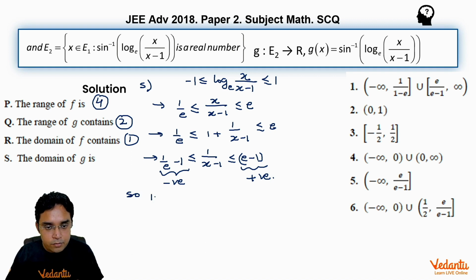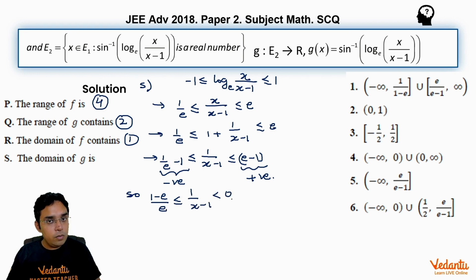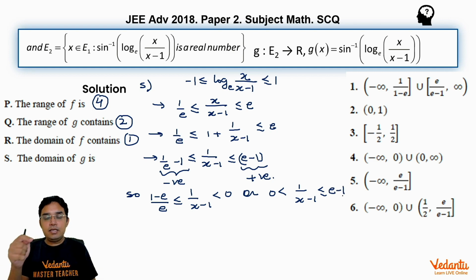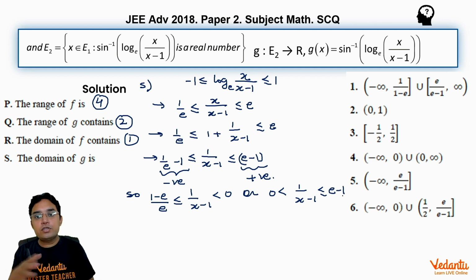One is that 1 minus e upon e less than or equal to 1 upon x minus 1 less than 0. In this case 1 upon x minus 1 will be negative only. The other part can be 0 less than 1 upon x minus 1 less than or equal to e minus 1. In this case 1 upon x minus 1 will be positive throughout.